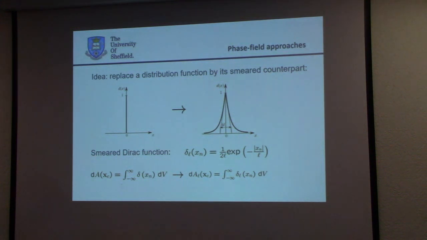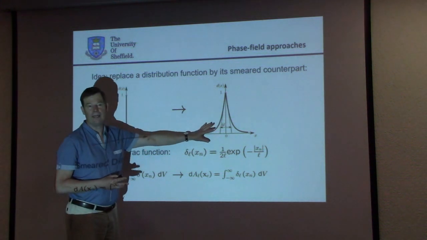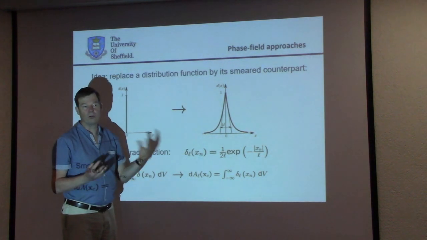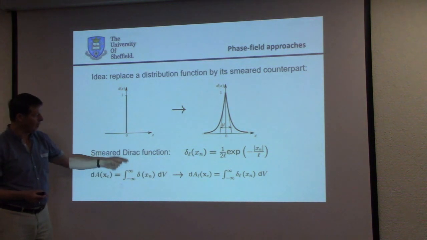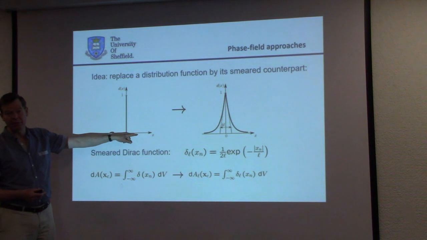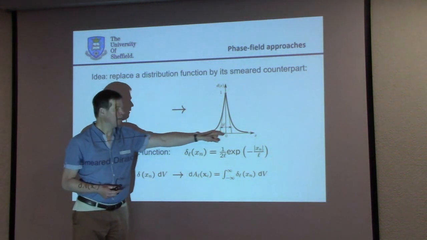So that's the whole idea behind any phase field model. And, well, the exponential function is the most often used. You can also use any other function which obeys the property that the area below here equals the area here.